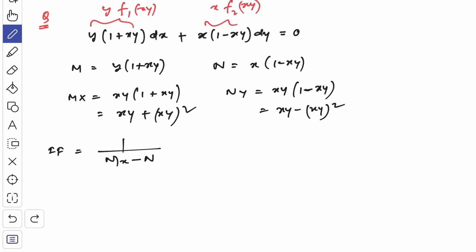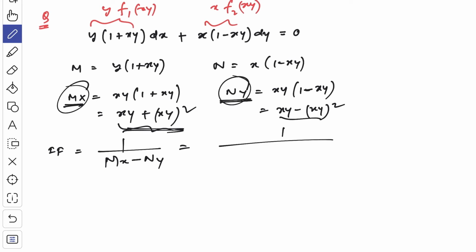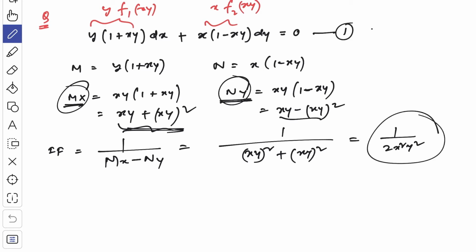If you subtract Ny from Mx, these two terms will cancel on subtracting, and we get (xy) whole square plus (xy) whole square, and that is nothing but 2x square y square. Okay, so this is our integrating factor. This is equation number 1. Now let us multiply this integrating factor, 1 by 2x square y square, with this equation.